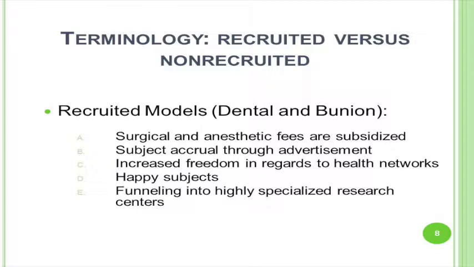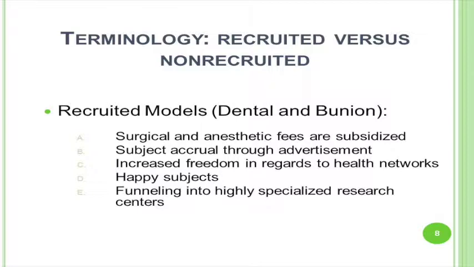And because the fees are subsidized, there's increased freedom in regards to health networks, meaning that it really doesn't matter what type of insurance a patient has, they can still come to Research Center X and have the procedure. And of course, this is a very nice perk for subjects who may have high deductibles and may want to have their surgery done in a timely fashion at a specialized research center.